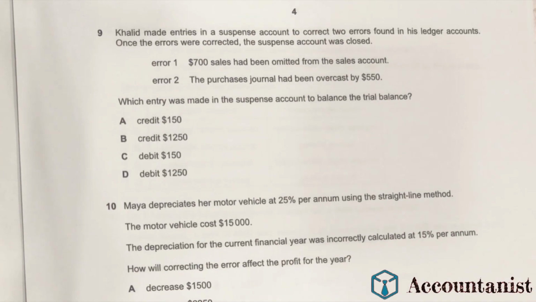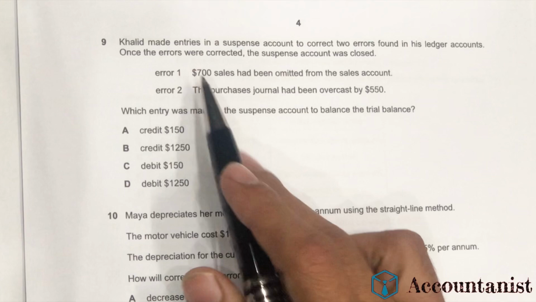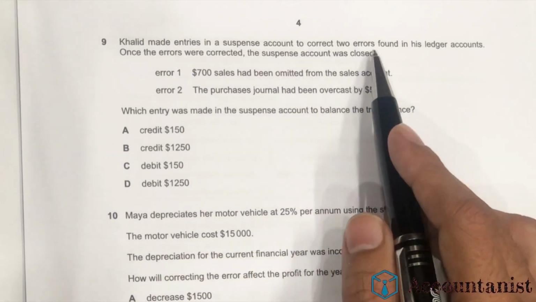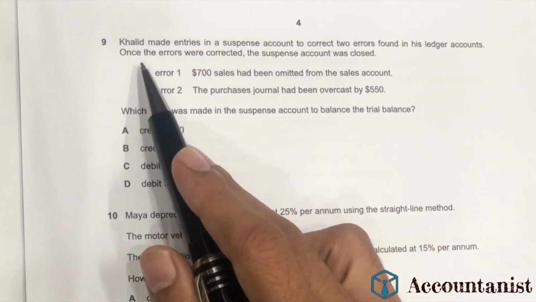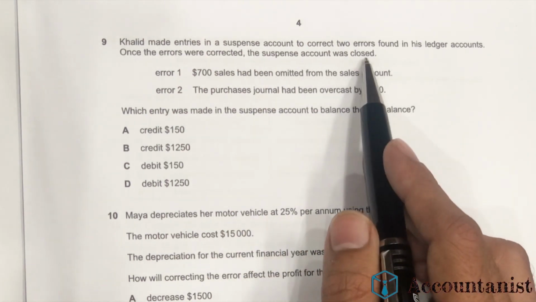We have here question number 9. It says Khalid made entries in a suspense account to correct 2 errors found in his ledger accounts. Once the errors were corrected, the suspense account was closed.